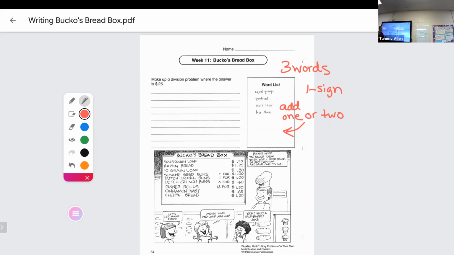What are some words that we might use for division? Equal groups. Okay, there's equal groups. What else? We probably won't say quotient though. In a story problem, we don't really say, hey, what's the quotient? What are some key words when we want to divide?